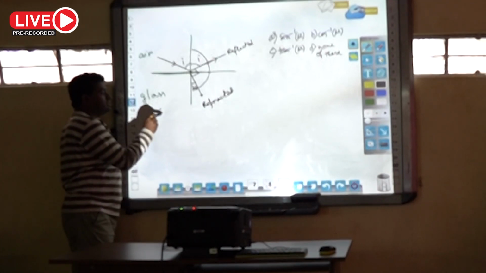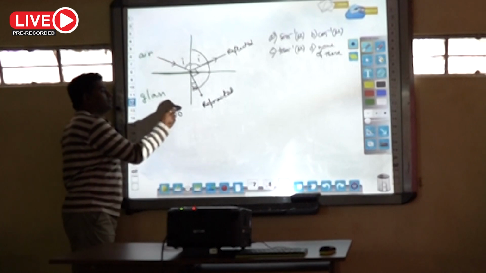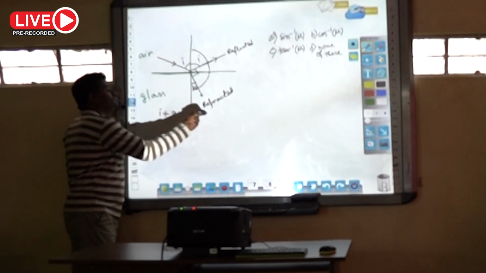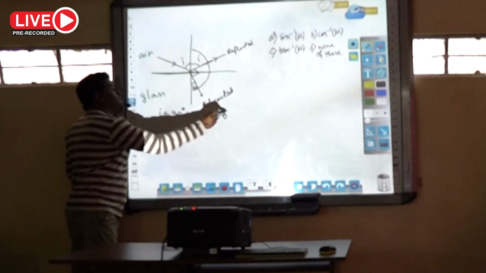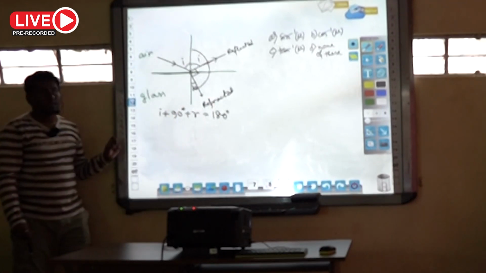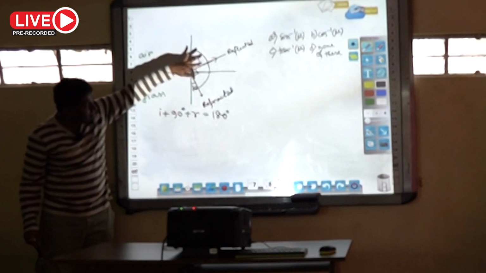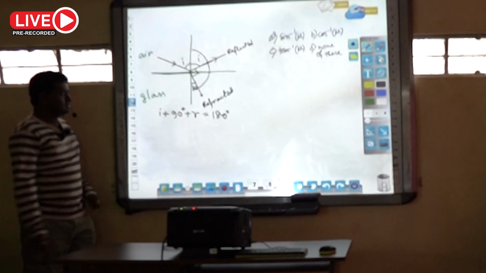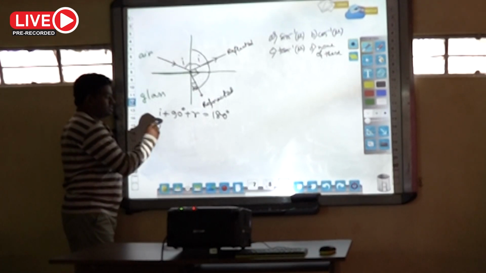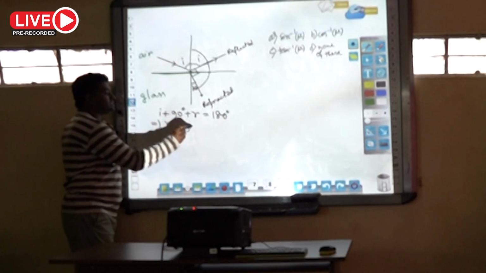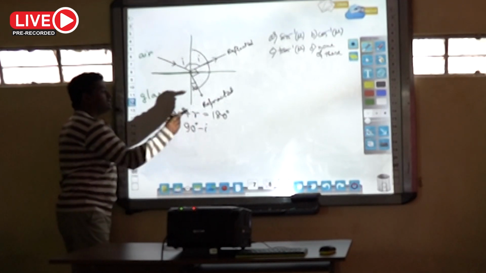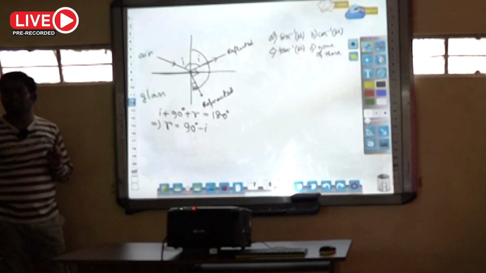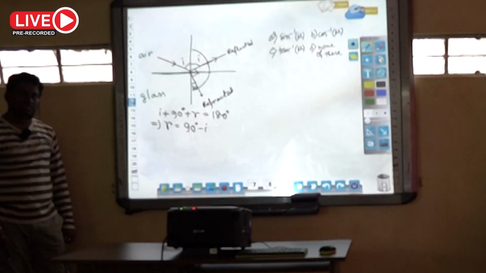First one is I, second is 90 degrees, third is R. The total is 180. So I can write angle R equal to 90 minus I. So it shows that the angle of incidence and the angle of refraction are complementary angles to each other.